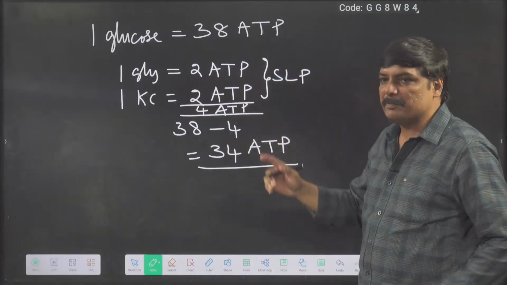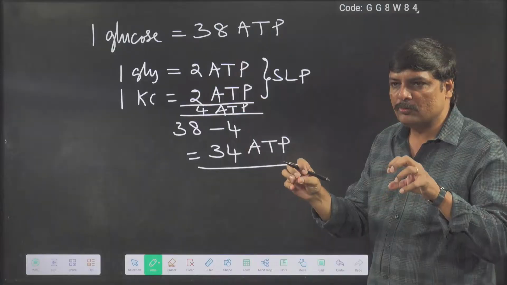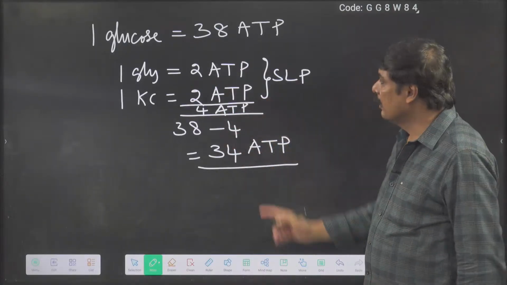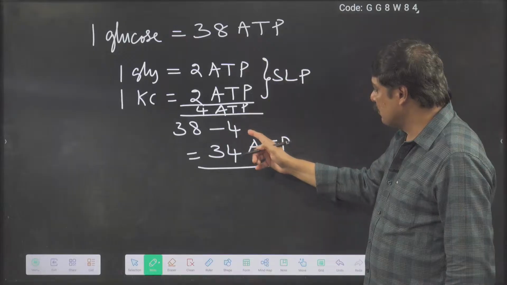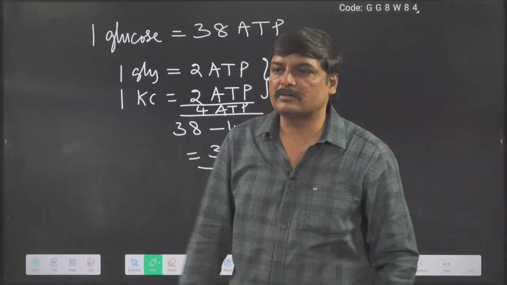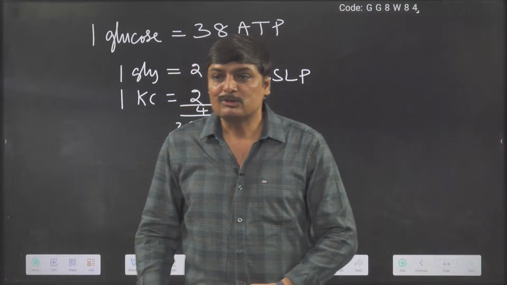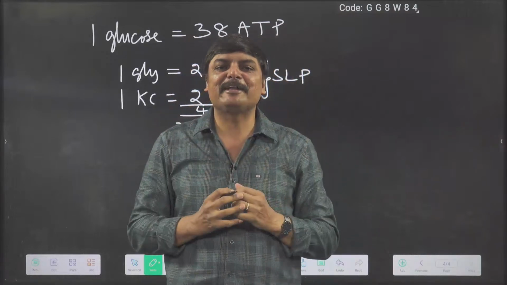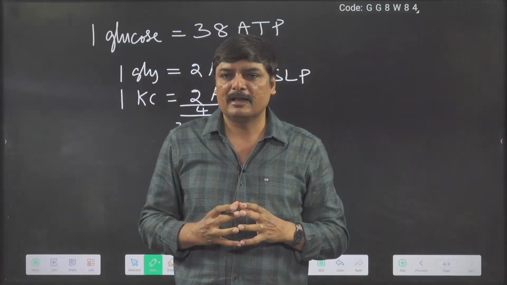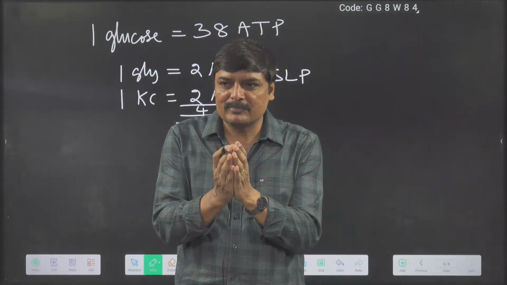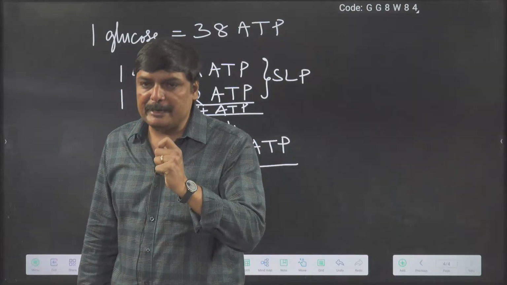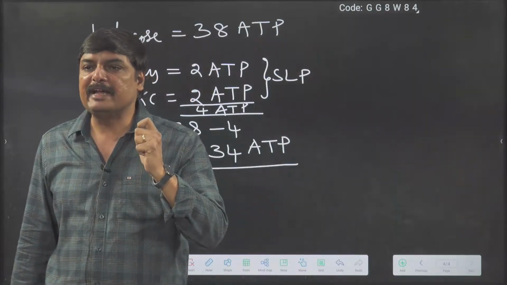And total ATP formed directly through SLP reactions is 4 only. 38 minus 4, still 34 ATP has to be formed. Those many more ATP are produced in ETS. So a large number of ATP are produced in ETS.